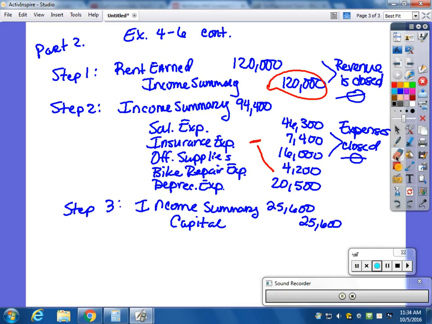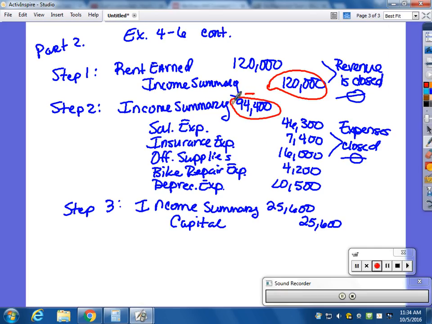All expenses, basically, which came to 94,400. And that's how we got the 25,600, which is also the net income.